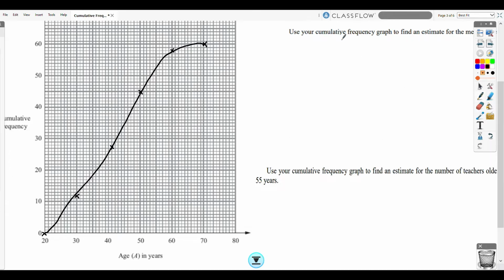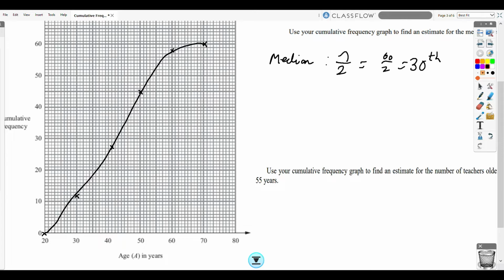Now, we need to find an estimate for the median. Because we're estimating the value and not just finding the class interval, the median formula changes a little bit, as in instead of n plus 1, it's just n over 2. So we had 60 people, 60 over 2, we're finding the 30th person.